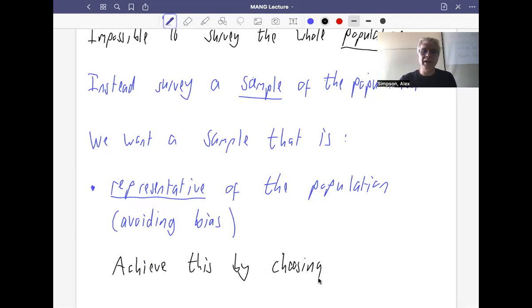If we've got some way of randomly selecting, say, some number of thousand of people from this population of EU residents, then if we select enough people randomly, the randomness ensures that the sample is quite representative of the population. So this is achieved by choosing the sample randomly.